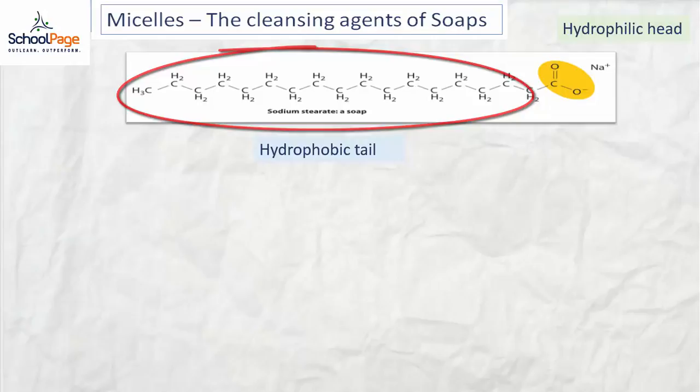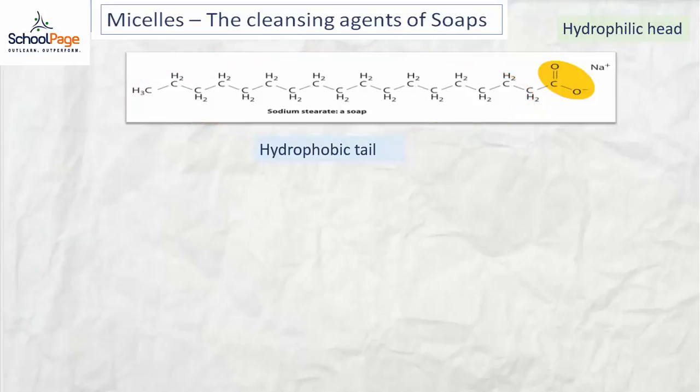So this is the structure of a soap molecule. The hydrophobic part, as the name itself tells, is water repellent, whereas the hydrophilic head is the water loving end. It is the hydrophobic tail which is soluble in oil and grease, or which gets mixed with the oil and grease and dirt to remove it.